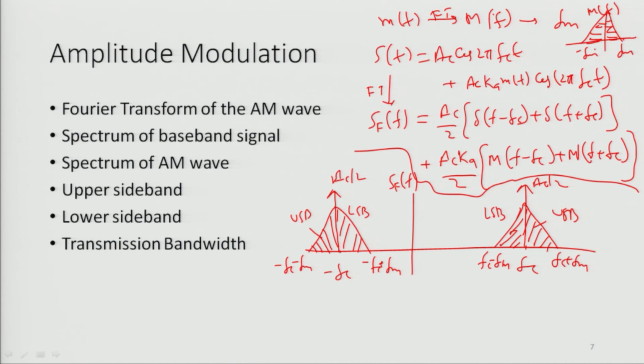And for the transmission bandwidth, in the positive frequency range, this is the transmission bandwidth, BT = 2fm. This is the bandwidth of the signal. Basically, in the positive frequency range, the signal around fc takes 2fm bandwidth. This is the transmission bandwidth around carrier frequency fc.